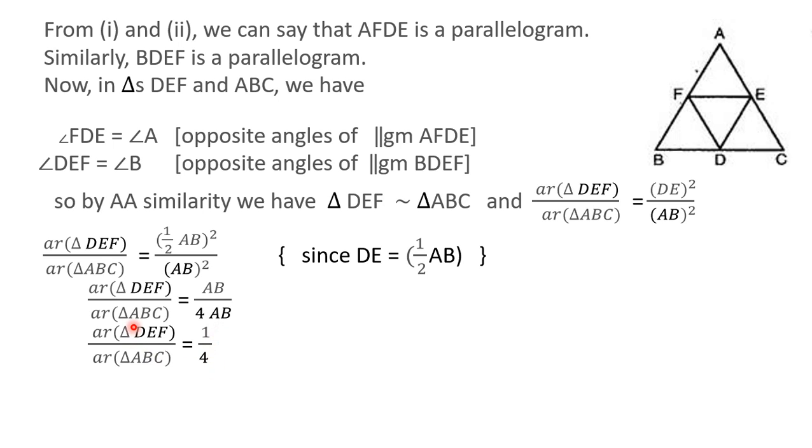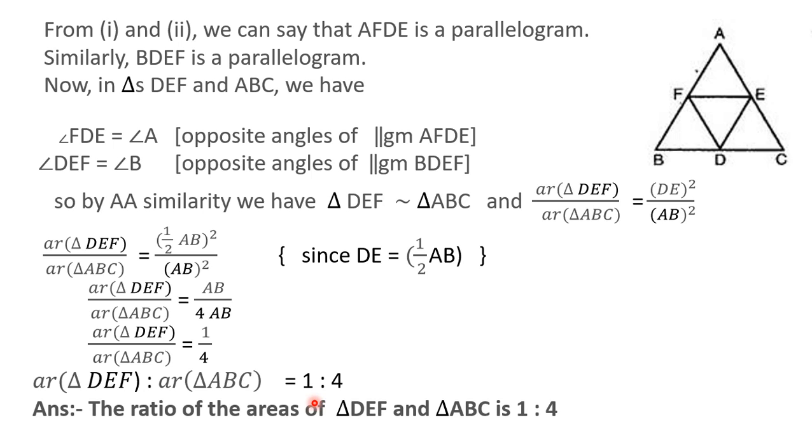So area of triangle DEF upon area of triangle ABC is equal to 1 by 4. So we can say that the ratio of the area of triangle DEF to the area of triangle ABC is 1:4. So the ratio of the area of triangle DEF and triangle ABC is 1:4.